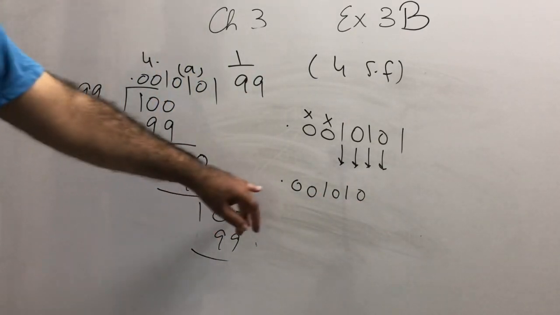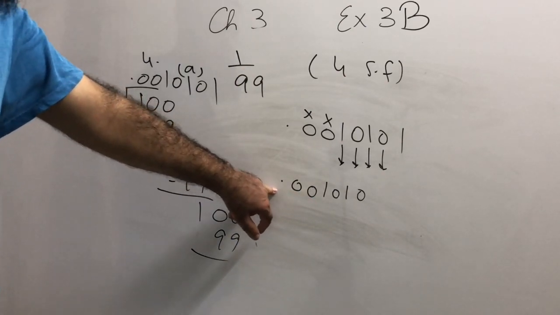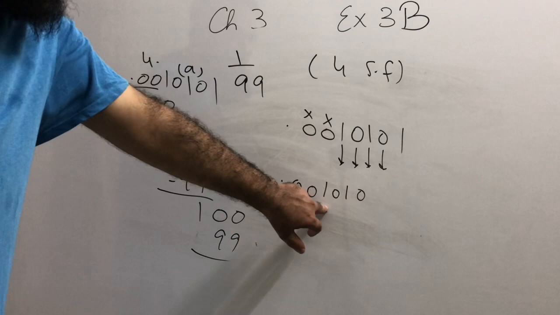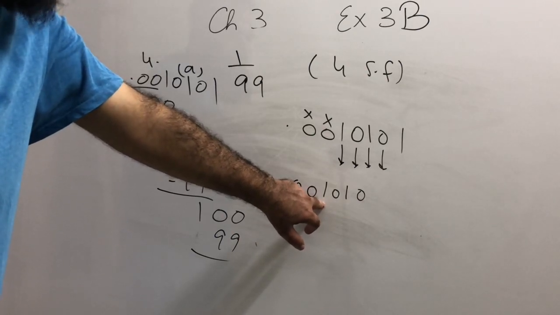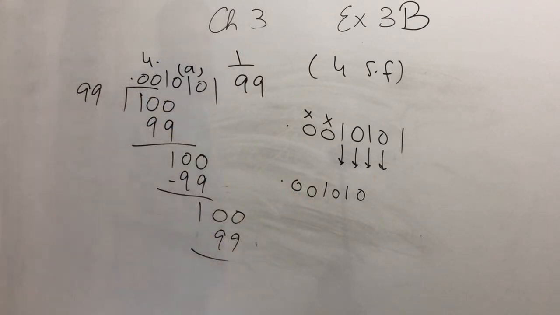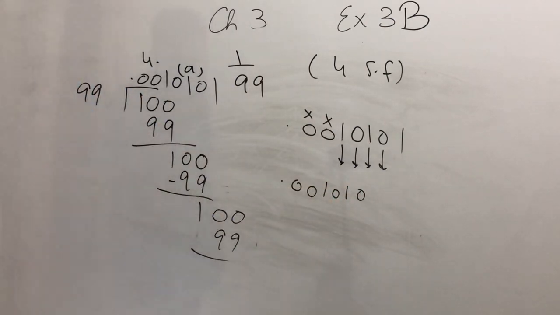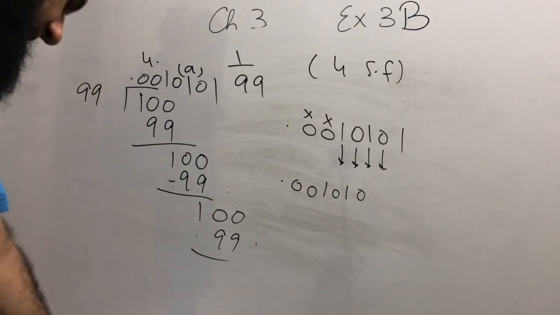Okay, we know the rule that when point is there, all the zeros before the digits 1 2 3 4 5 6 7 8 9, on the left side, have no significance, so these are not significant. We have 1 2 3 4 significant figures in this case.